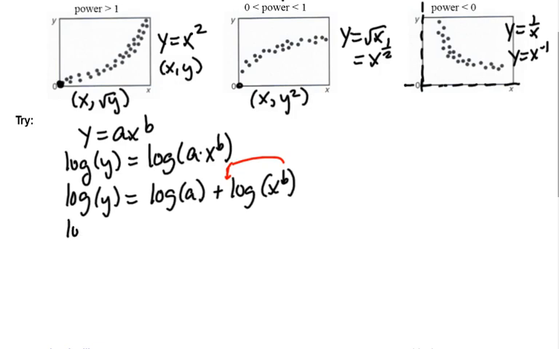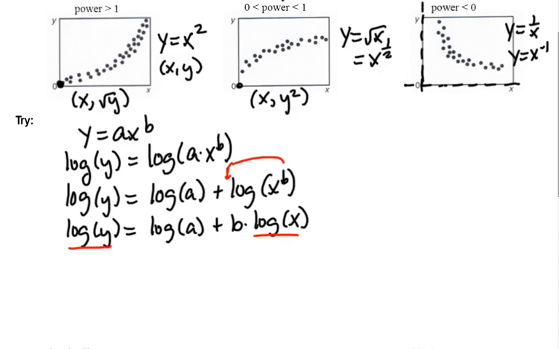So I can write this as log of y equals log of a plus b times log of x. So now what we have is something that is in linear form, okay? Rather than this just being x and y, we have log of y is linearly related to log of x.